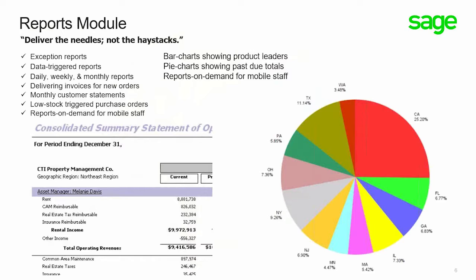Well, Alerts in Workflow has what we call the reports module. This gives Alerts in Workflow the ability to trigger, generate, and deliver any Crystal report to any recipients, whether they're your own staff, your customers, vendors, etc. Now, these reports could be scheduled, such as a daily stock status or a week-ending AR aging report, but they can also be triggered based upon business conditions.